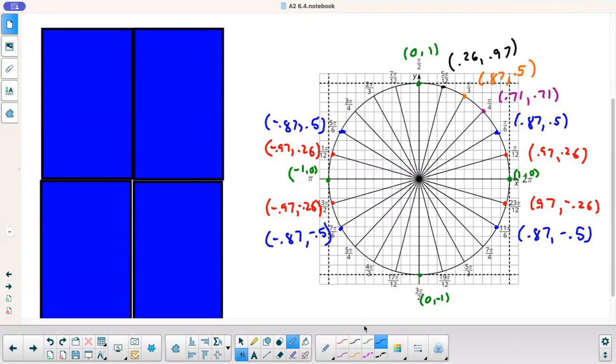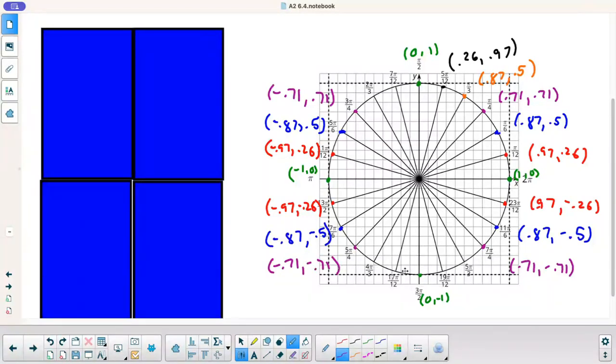Okay. Same idea here. This is going to be same x-coordinate, but a negative y-coordinate. Negative x-coordinate changes to negative. Y-coordinate's the same height, so it stays the same. And then down here, they're both going to be negative.